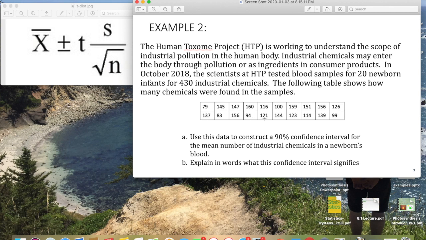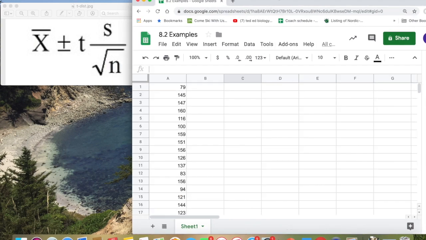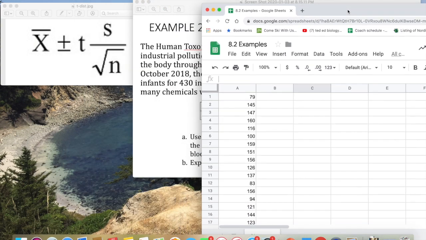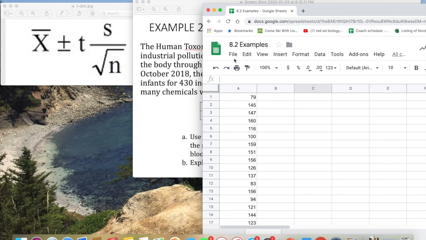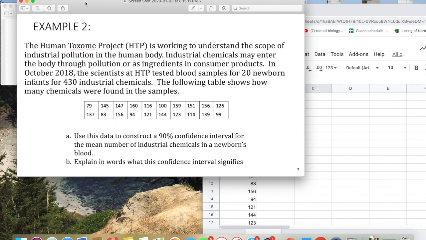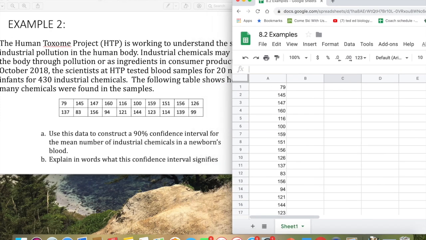We only have 20 different newborns' blood samples, but we want to project to know the average number that we could expect any given newborn would have in their blood. So if you open up a Google Sheets document, the first thing you're going to want to do is plug in all of this data into Google Sheets.